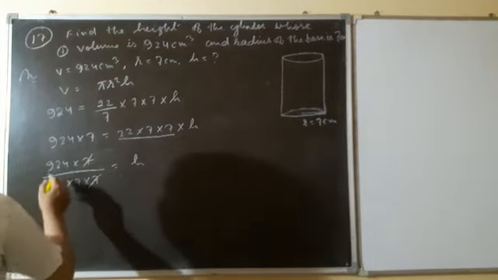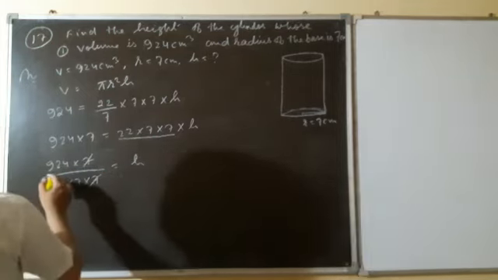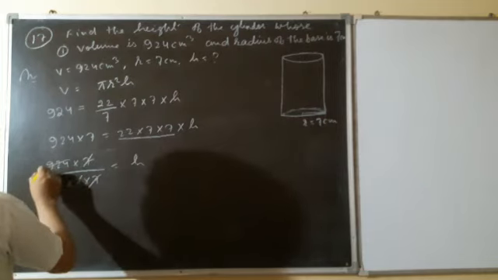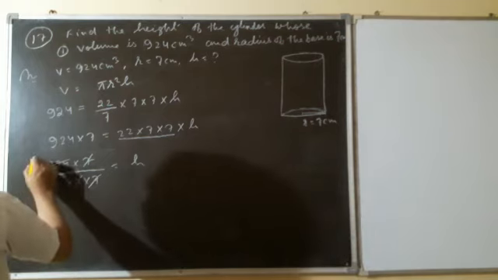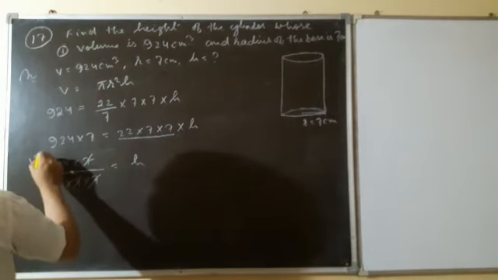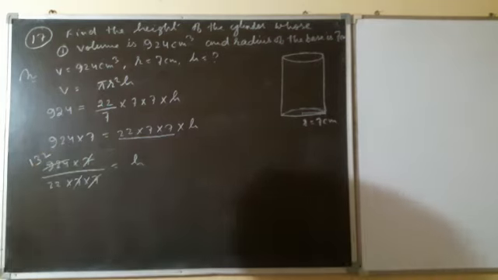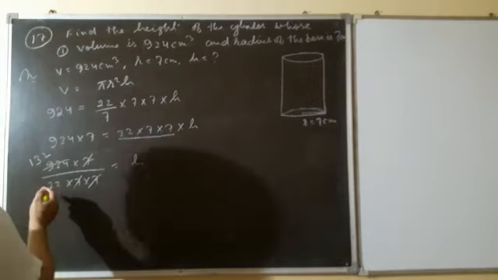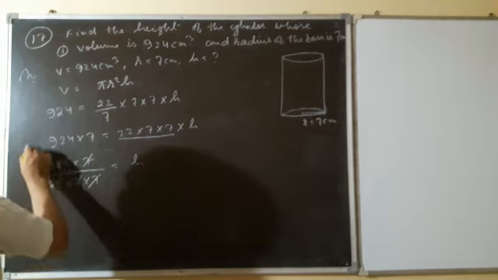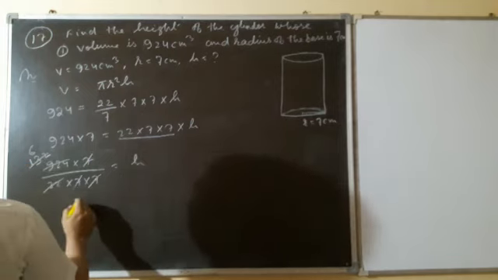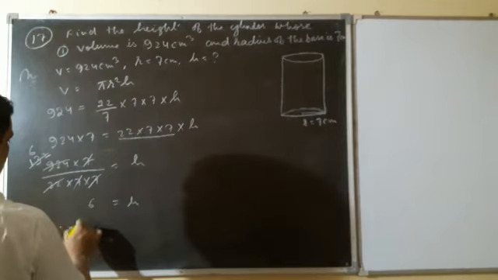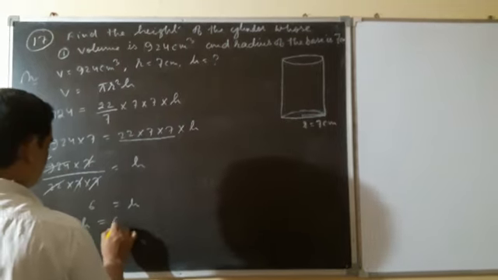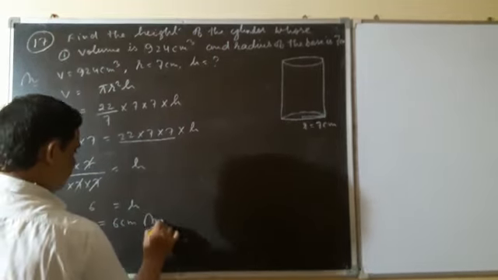Now let us divide this by 7. 7 ones are 7, 22, 7 threes are 21, 7 twos are 14. Now let us divide 132 by 22. How many times will it go? It will go 6 times. So therefore h is equal to 6, or therefore height is equal to 6 centimeter. This will be our answer.